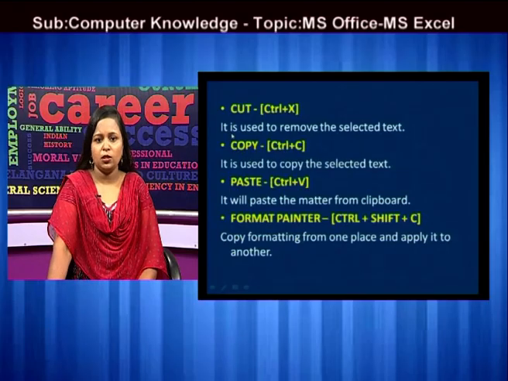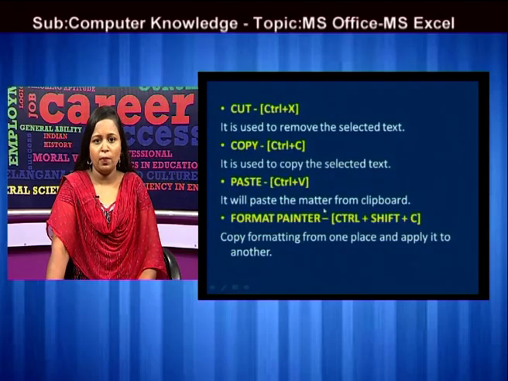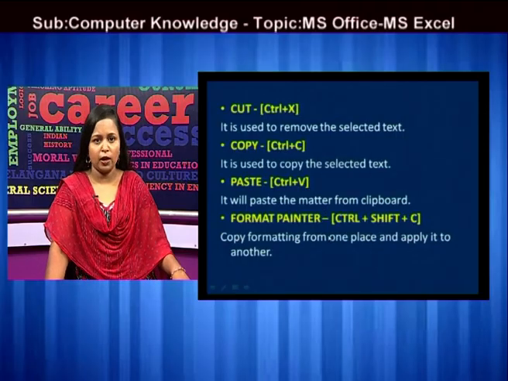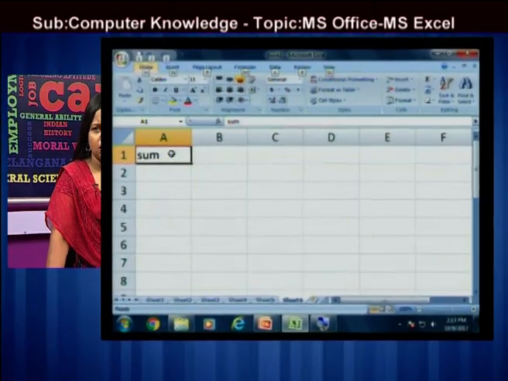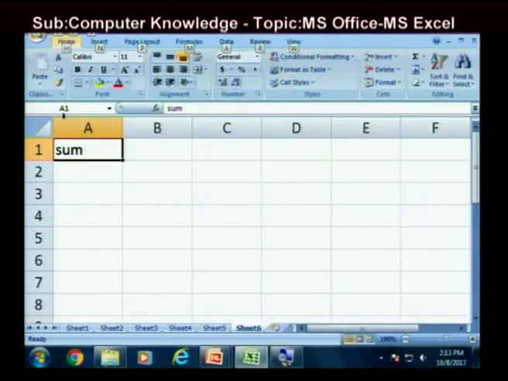Paste will paste the matter multiple times and it will show in the document. I will show it with a practical. For example, first we have to select the sum and then click on the copy option. After that you have to click on paste.